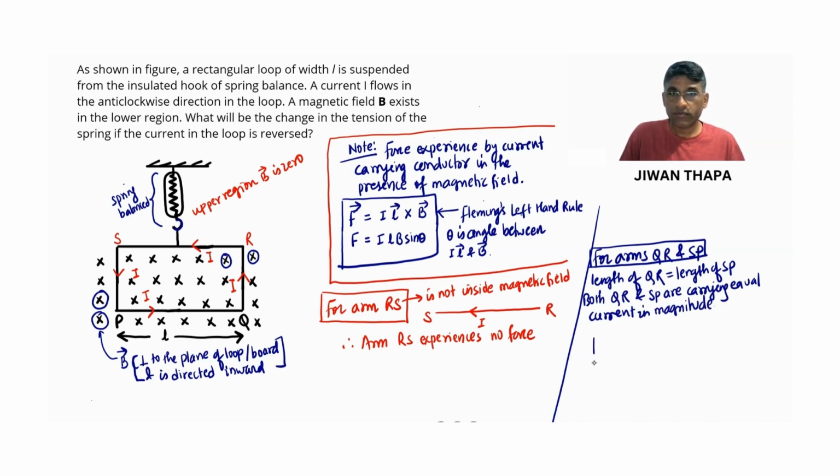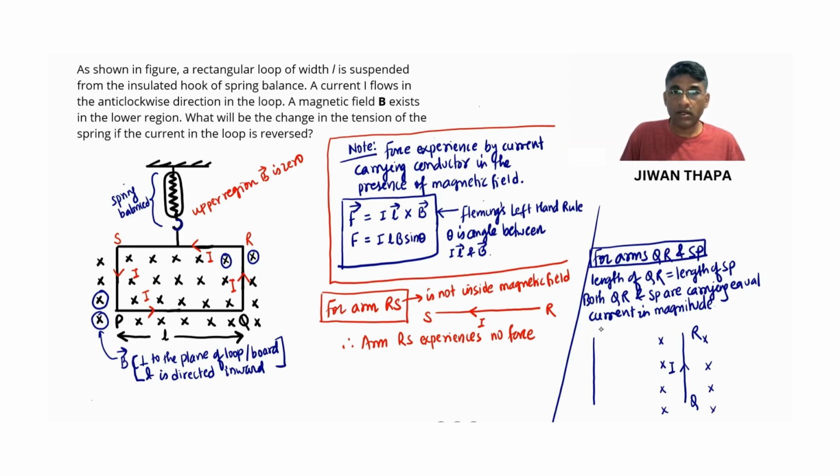So we have this. This is arm QR. It is carrying current I in upward direction, and it is inside the magnetic field. This is a very important point. It is completely inside the magnetic field.